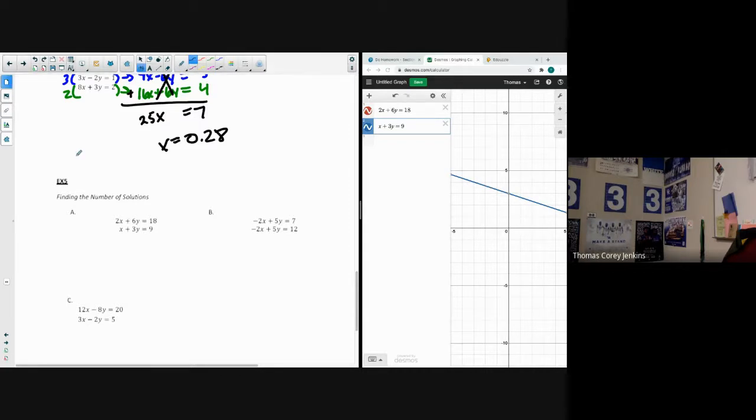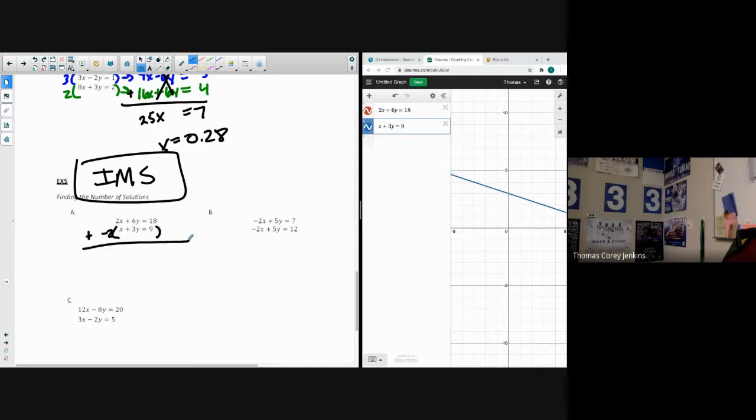And now, how can we just prove that algebraically? So let's say we want to cancel the x's, then we'd multiply by -2. So when we do that, we have 2x plus -2 times x, so that'd be 0.